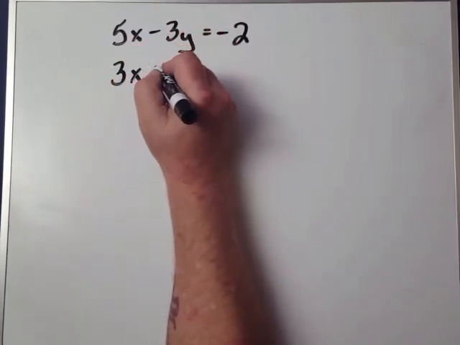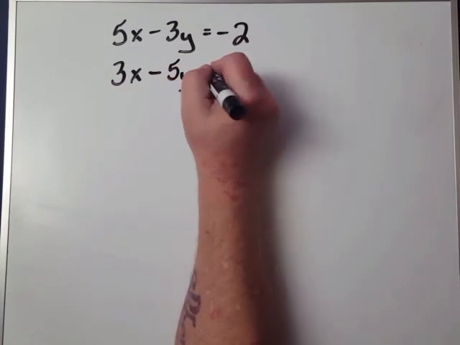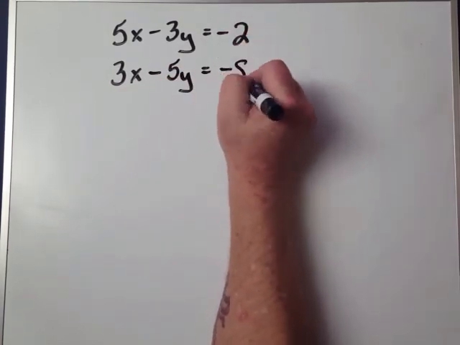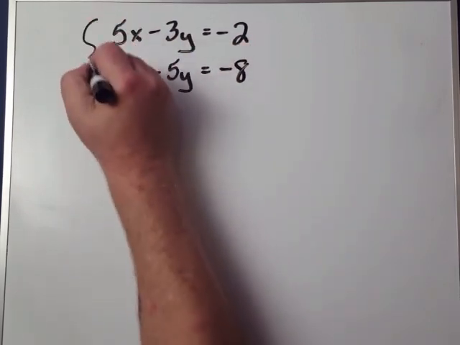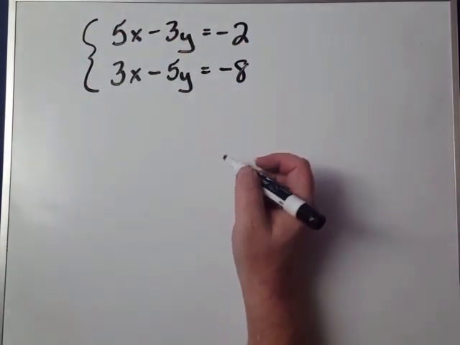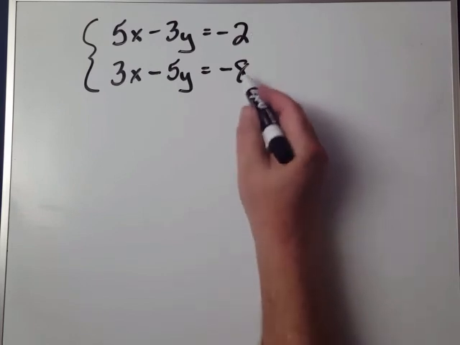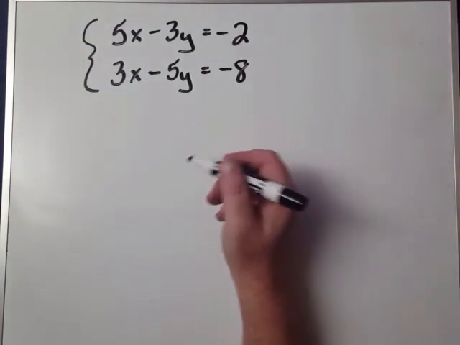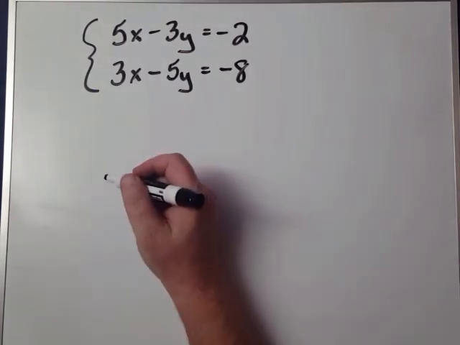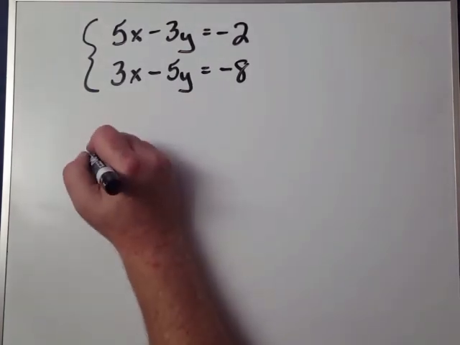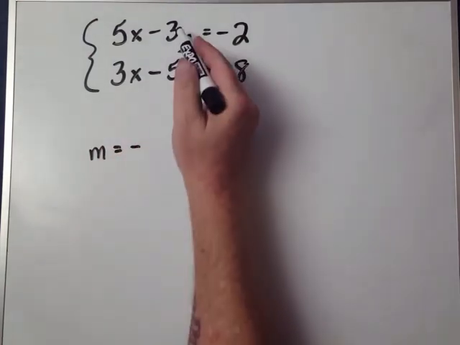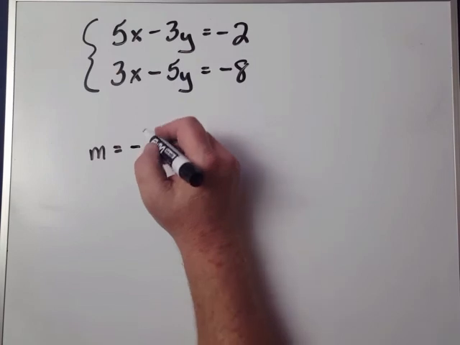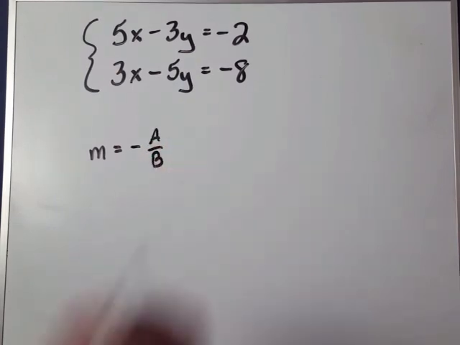Okay, this time, let's use that other method of finding the slope. I don't care which one you use. I think you should know them both. Sometimes one is handier than the other. In the previous problem, we brought each one of these down and solved for y. But I gave you a blue box that said if the equations are already in standard form, and these are, the slope is negative a over b.